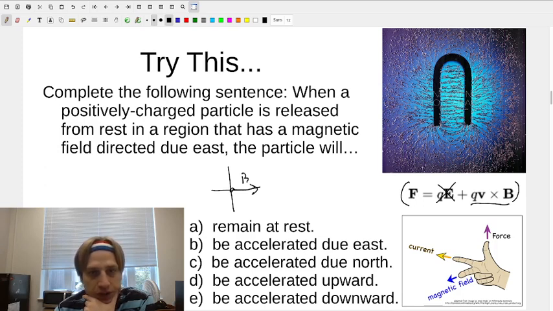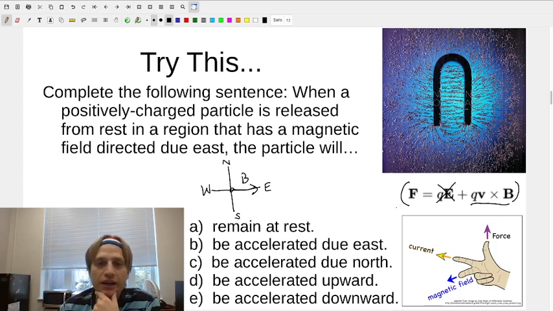So there's your B. Here's your never eat shredded wheat, north, south, east, west. And it says, the particle will... Okay, so we're releasing it from rest, and we want to know something about its acceleration.